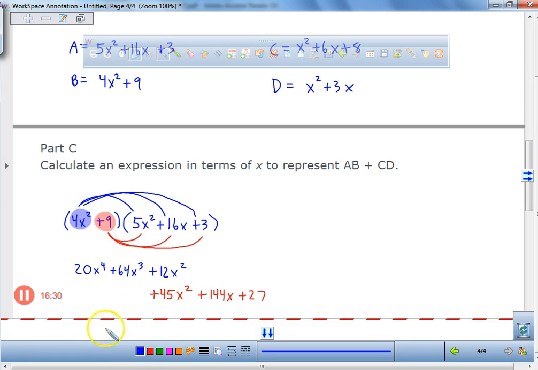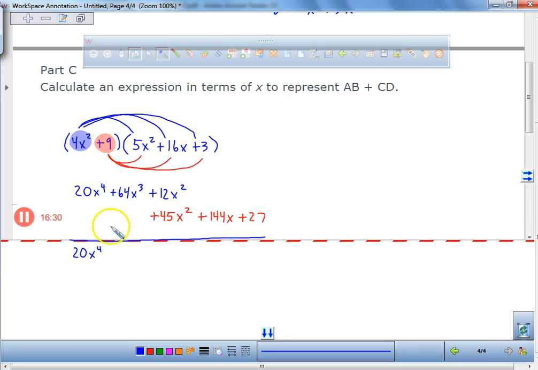What can I do now after I've done all of this? What do I have to add? Add all the like terms. So we only have 20x to the power of 4, and then we have 64x cubed. How many x squareds do we have?